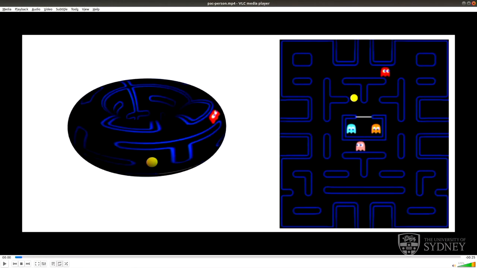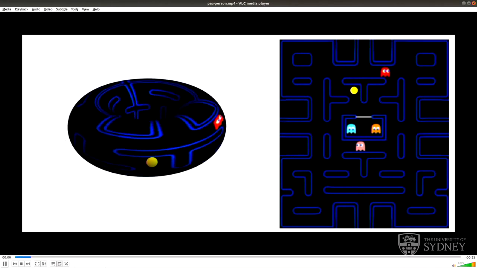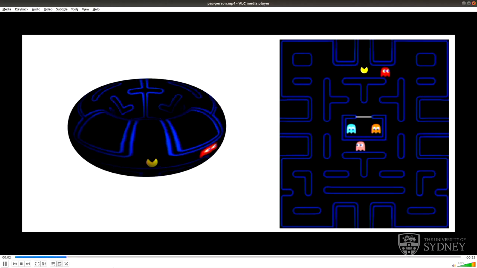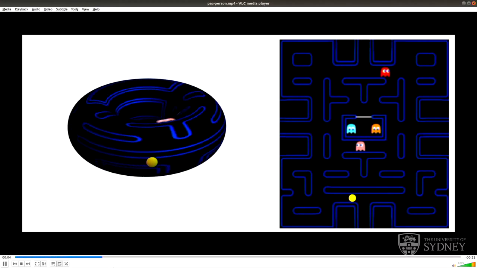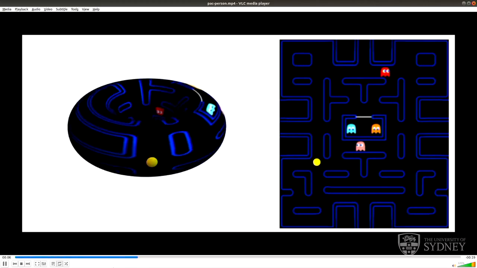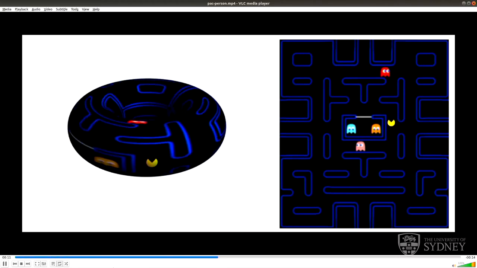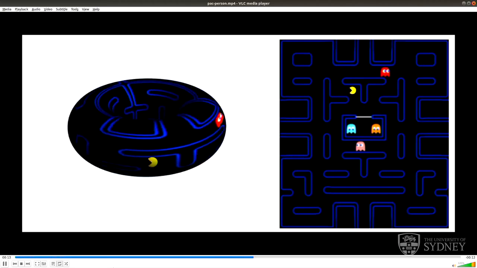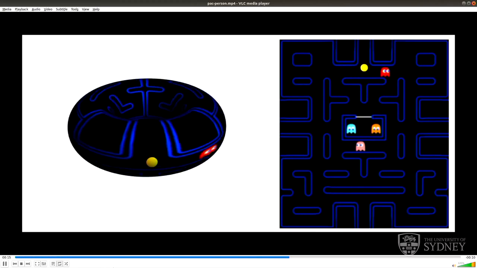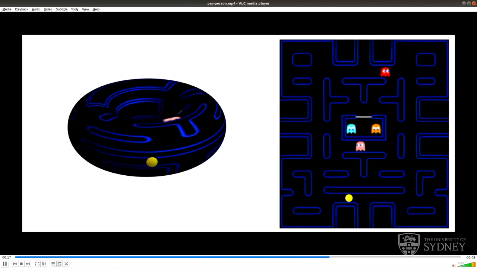And we'll see that now running. So if my little spot exits to the top, it comes out at the bottom again, and exits to the left, it will come out at the right again. So a very easy way to have an infinite world if you want.